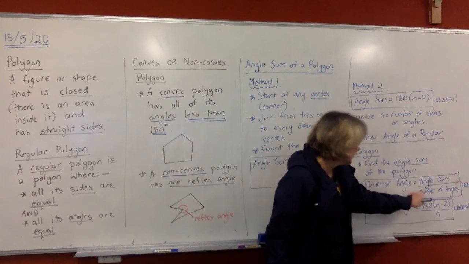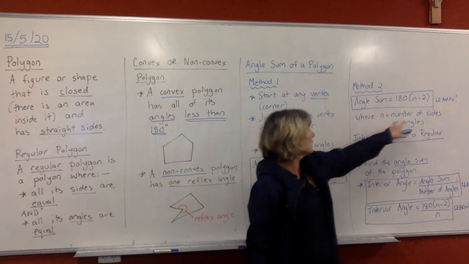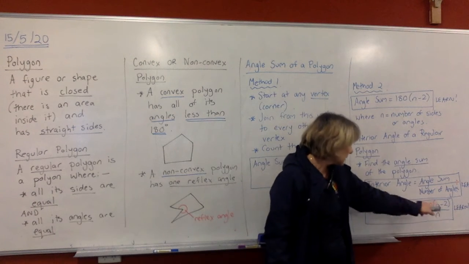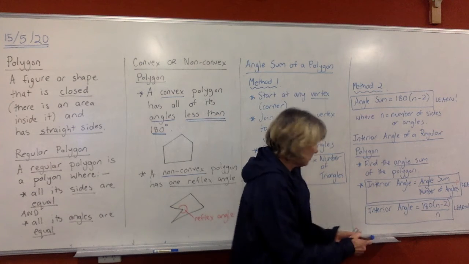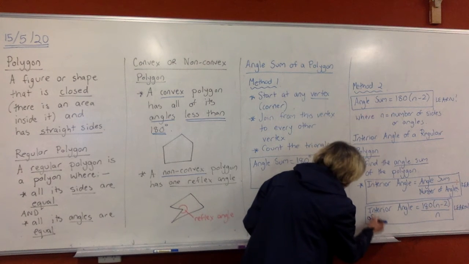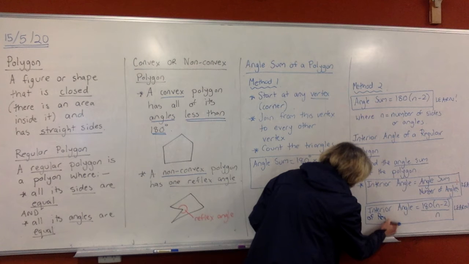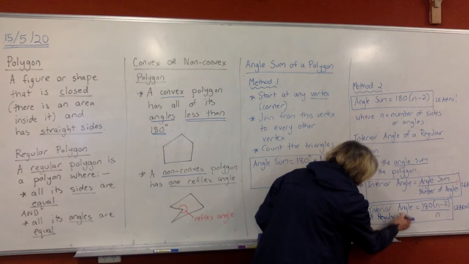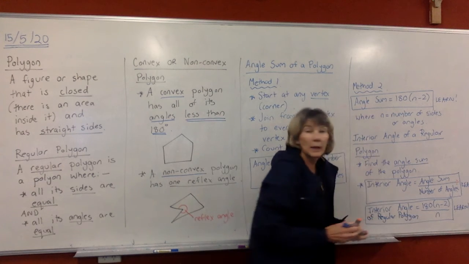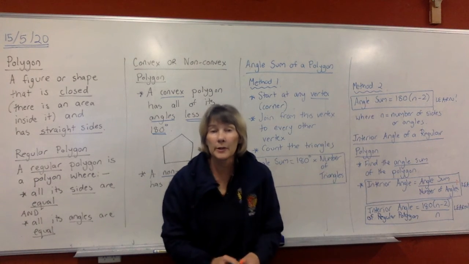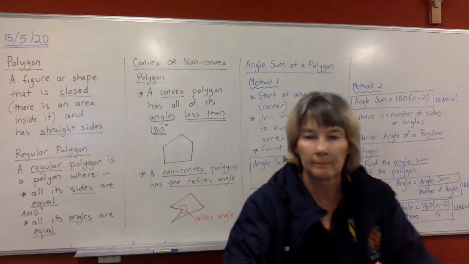The number of angles is n, because that's the number of sides or angles. So we create a formula for the interior angle of a regular polygon. Make sure we write this in. Okay, so we're going to come back in the next video and just do some examples on this work.